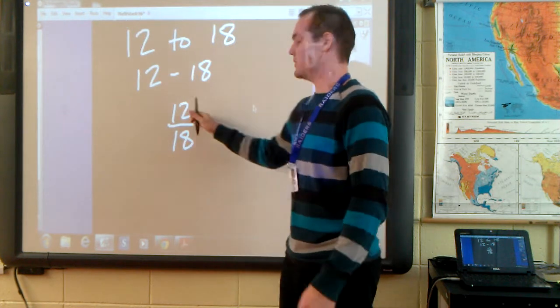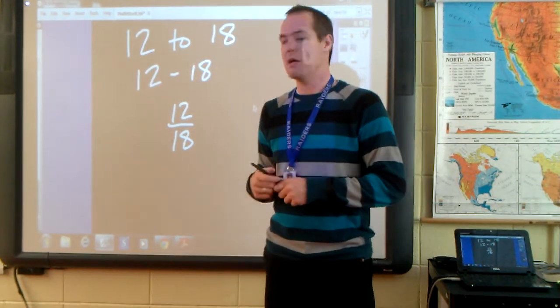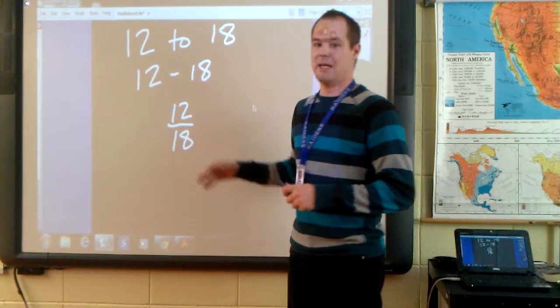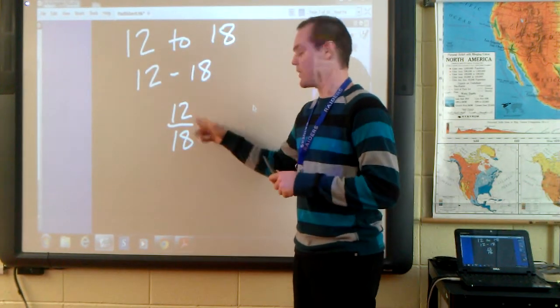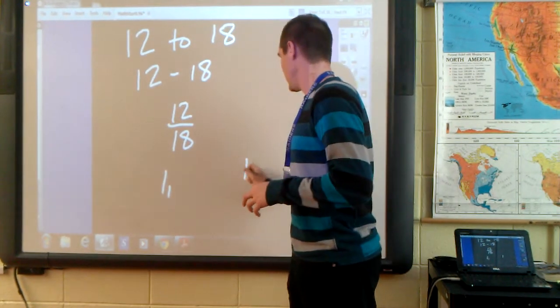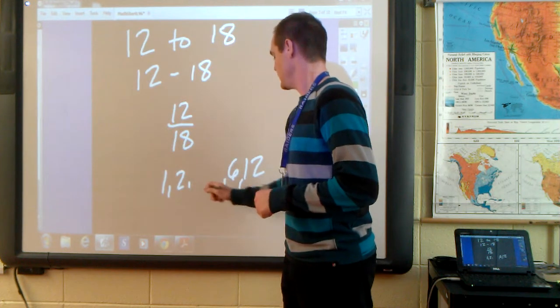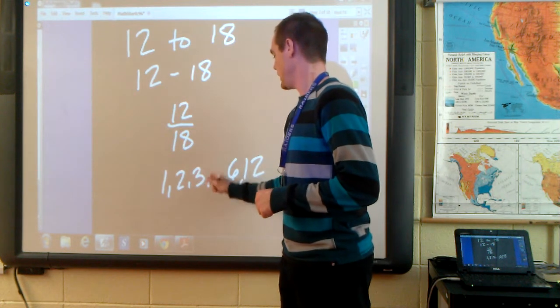And these fractions and these ratios can be reduced. Remember that we reduce fractions by finding the greatest common factor and dividing both terms in the fraction by it. The factors of 12 are 1 and 12, 2 and 6, 3 and 4.